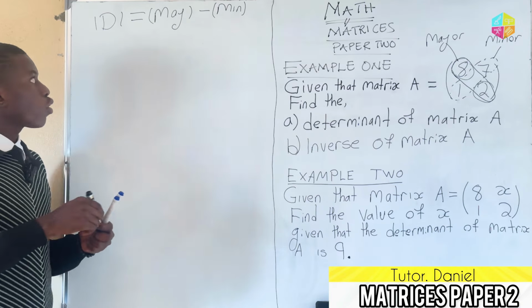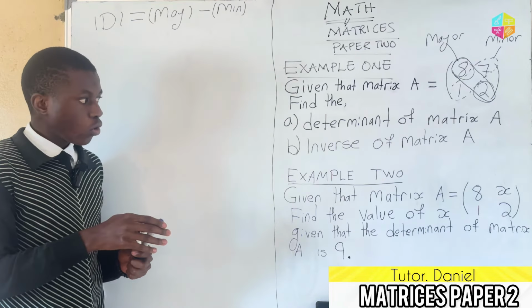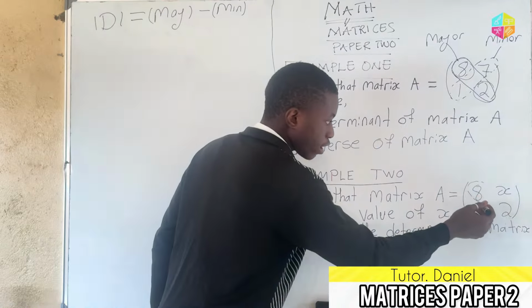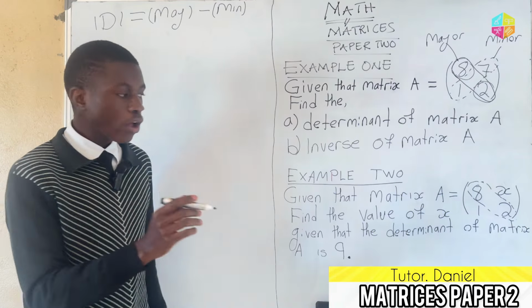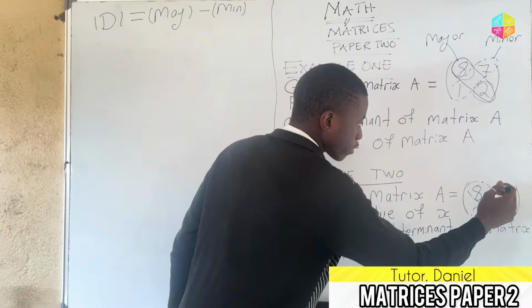In this case, the major diagonal is where 8 and 2 lie, and our minor diagonal is where we have positive 1 and x.